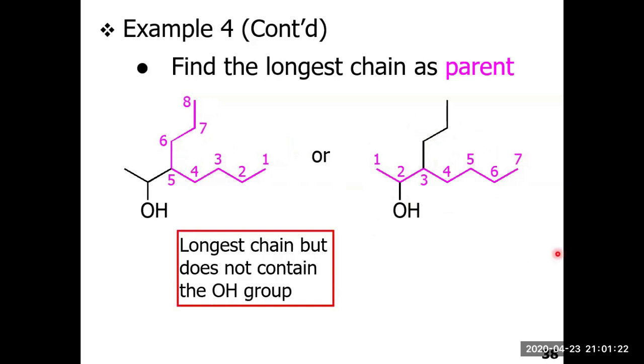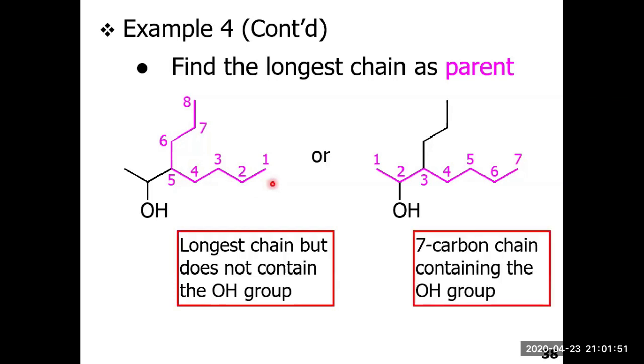Now, we have to understand that when you choose the longest continuous carbon chain for alcohols, this chain should actually contain the hydroxyl group. So in this example, even though it has 8 carbons, the problem is that if you choose this, the hydroxyl group is not included in the main chain.